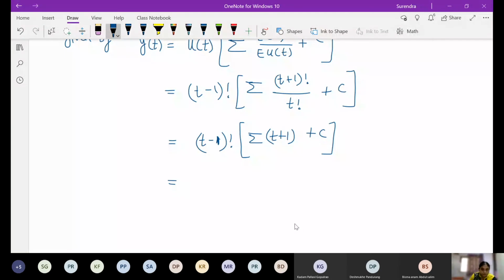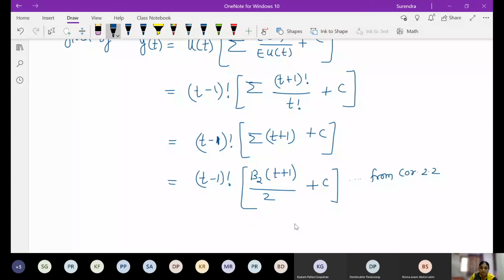It is b2 at t plus 1 divided by 2 and plus c. We have proved this in corollary 2.2. From corollary 2.2, what was my corollary 2.2?